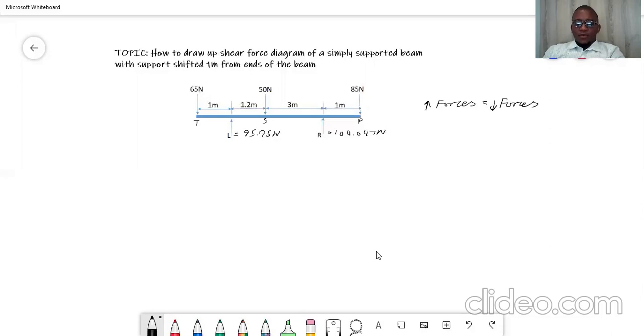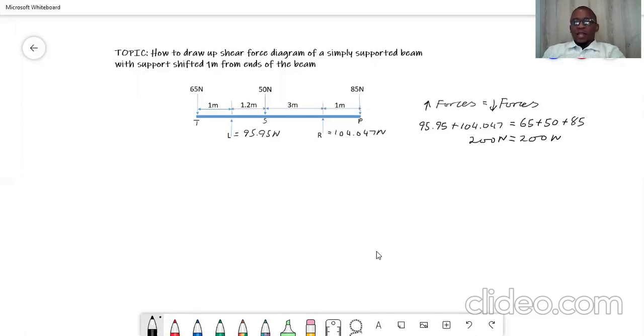For upward forces, you have 95.95 plus 104.047 equals 65 plus 50 plus 85. So when you add both sides, you must get 200 newtons and 200 newtons. So we are good to go. By doing this, we are good to go.